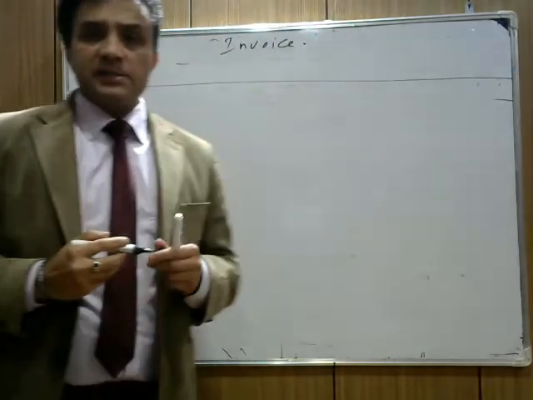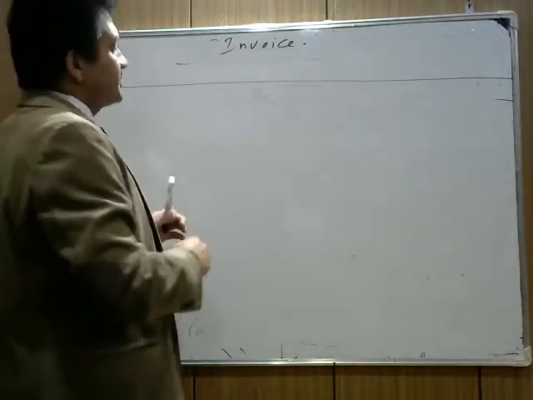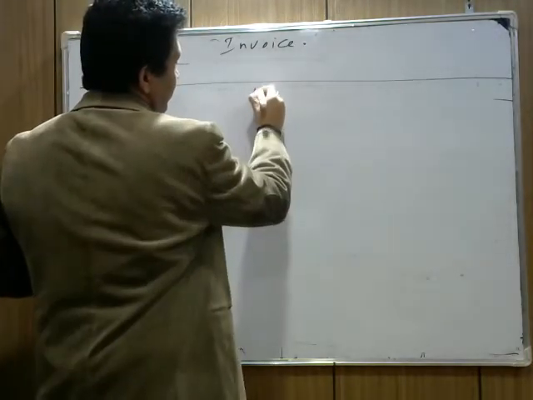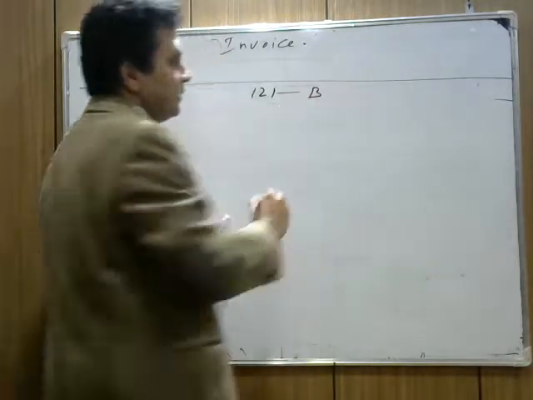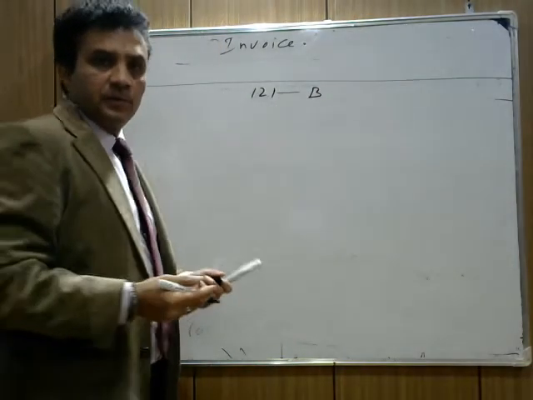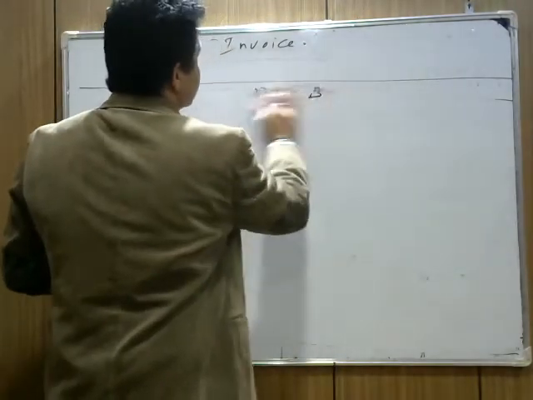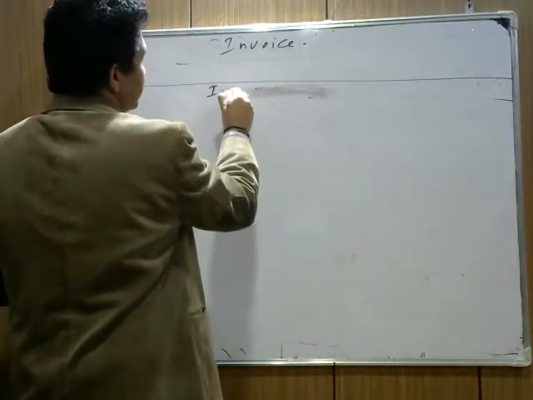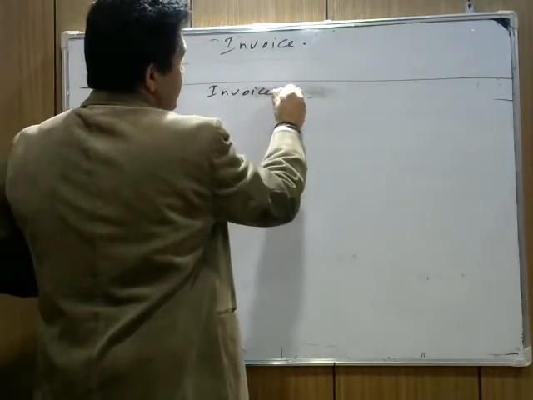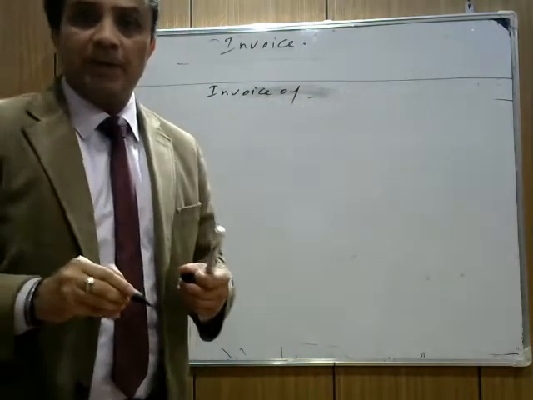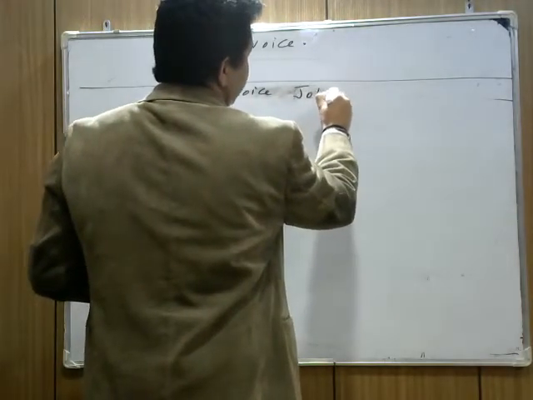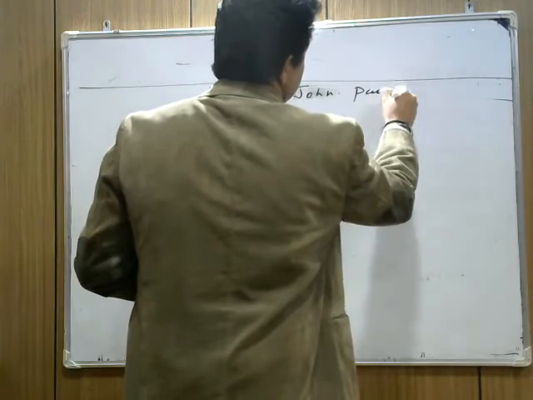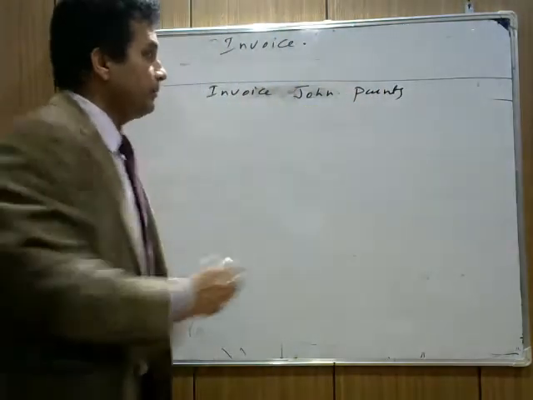Mention the column invoice. The first thing is, here comes the address of those who are preparing it, those who are selling the goods. So here write 121B. This is an invoice of John Paints. Suppose John is running a paint business, so we write John Paints.